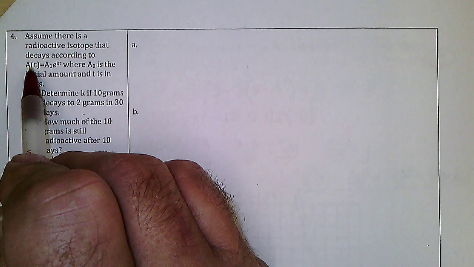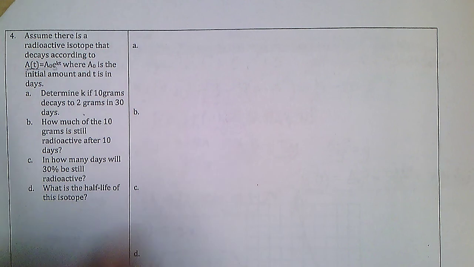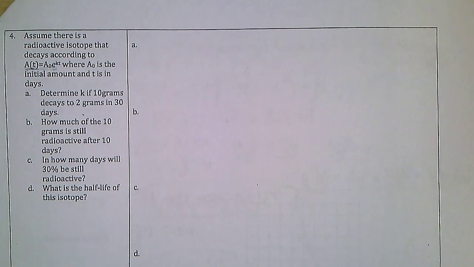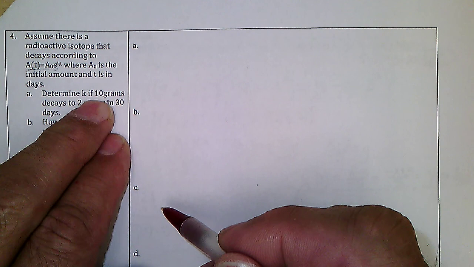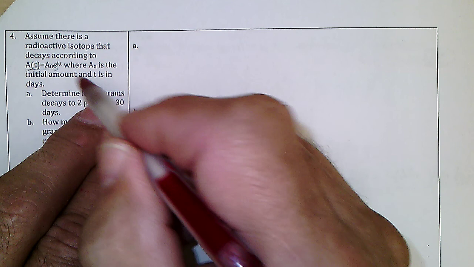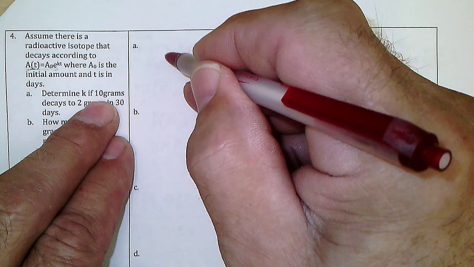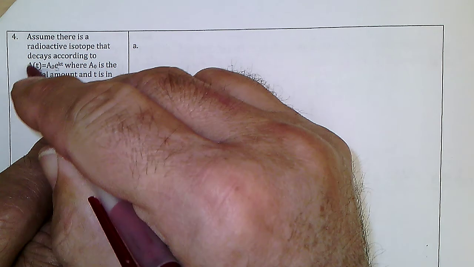So the formula for this decay is this. This does not say A of t. It says the amount after some time t. And it says determine k if you start with 10 grams, so that goes in for the starting amount, and ends up as 2 grams. So that's the ending amount.